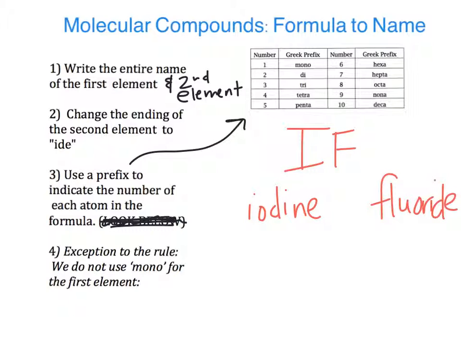So for both of these atoms, there's only one atom of that element in the compound, which is indicated by the formula, and so then we can look for the Greek prefix that means 1, okay, which is mono. So monoiodine, monofluoride, except that there is an exception to the rule. We don't use mono for the first element, so I'm going to leave out the mono there. I'm going to add the mono in here. So iodine, monofluoride.